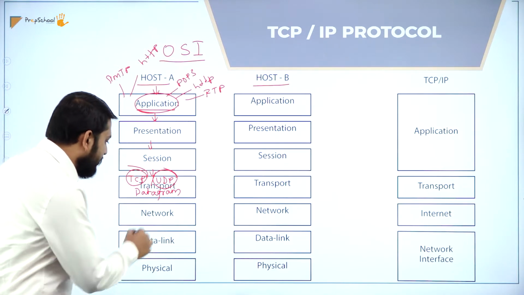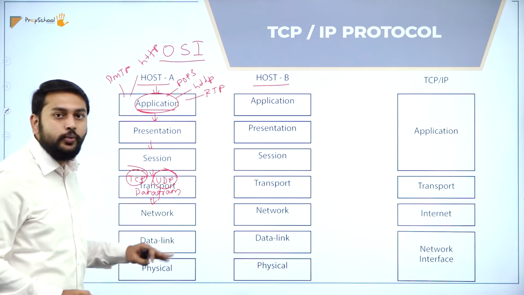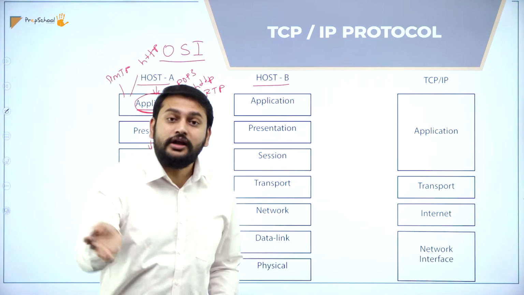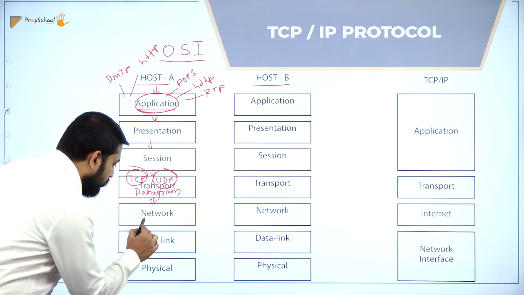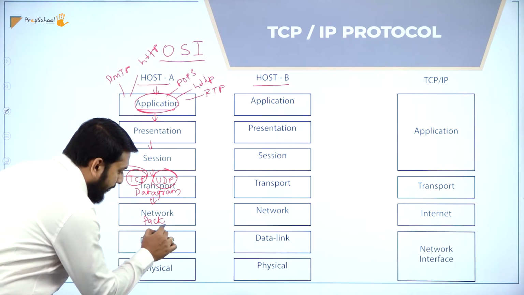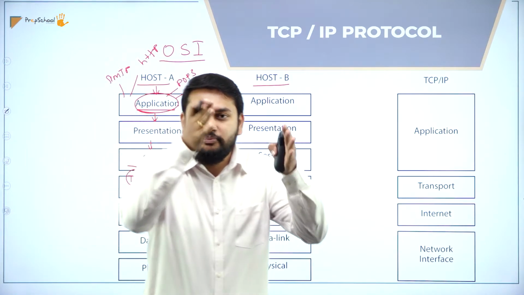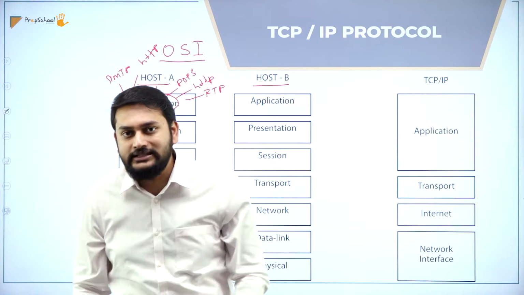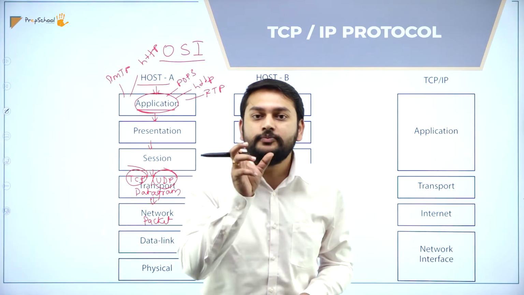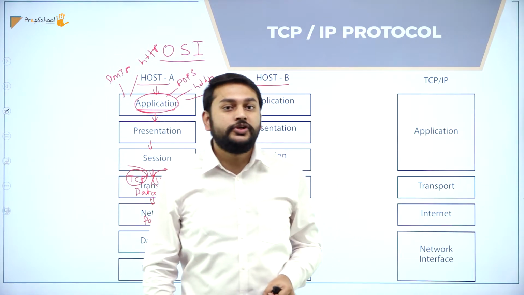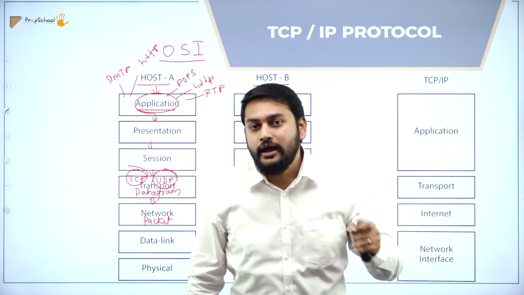Your datagram from the transport layer is coming to the network layer. So the datagrams are converted into packets now. The datagram is broken down into small packets. In each packet, I have something called a header. What does that header contain?